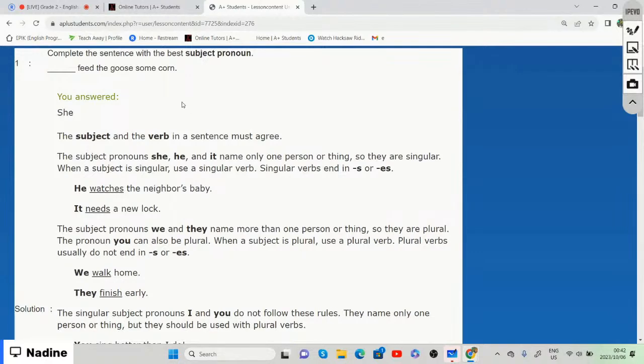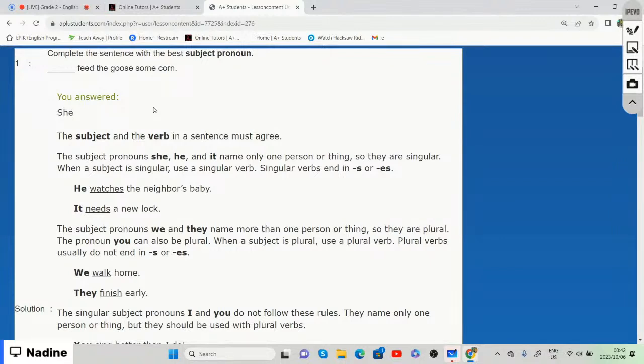So we need to complete the sentence with this pronoun, right? So instead of saying the person's name, we can say you, me, I, he, she, it, or they. So you can use those words. So now we need to find the best subject pronoun.